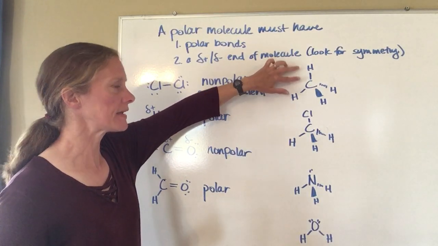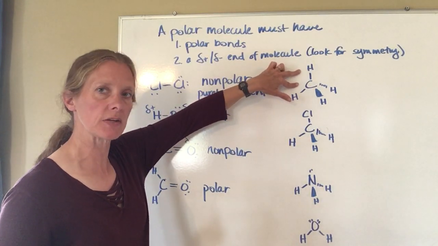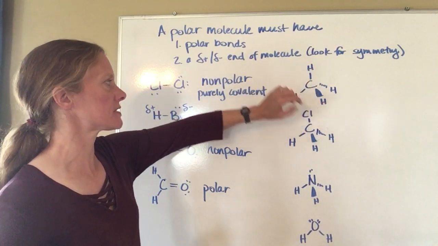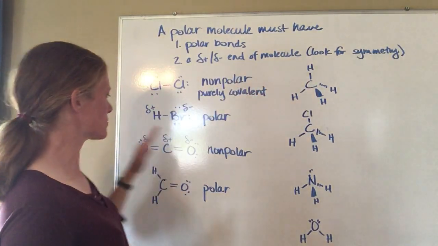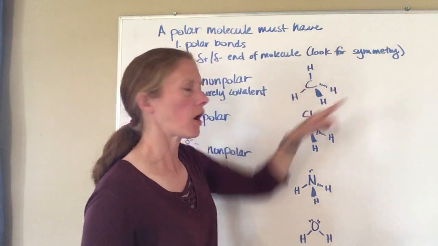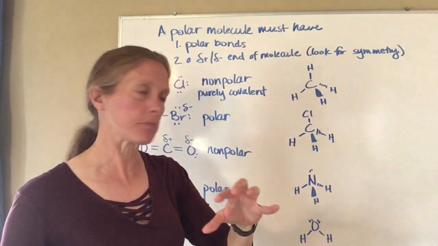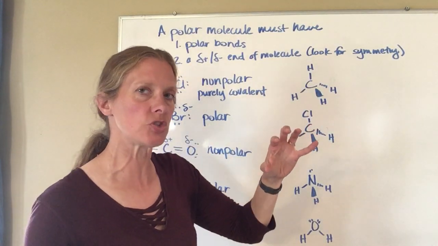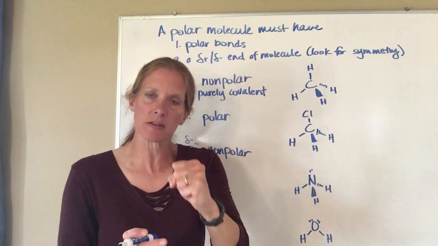This one, again, we've got some partially negative and partially positive pulling, but it's sort of like this one over here where all of the hydrogens are going to be partially positive, the carbon's going to be partially negative, but the carbon's smack in the middle.